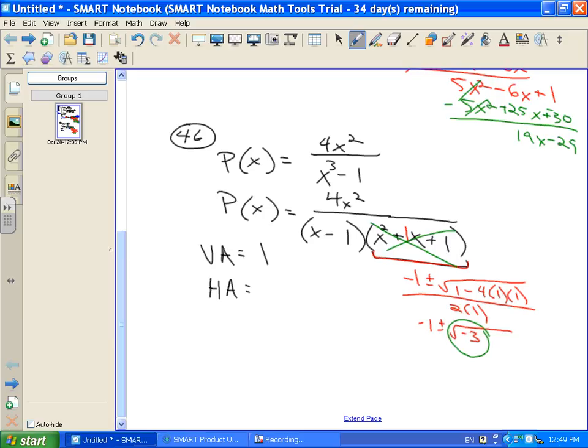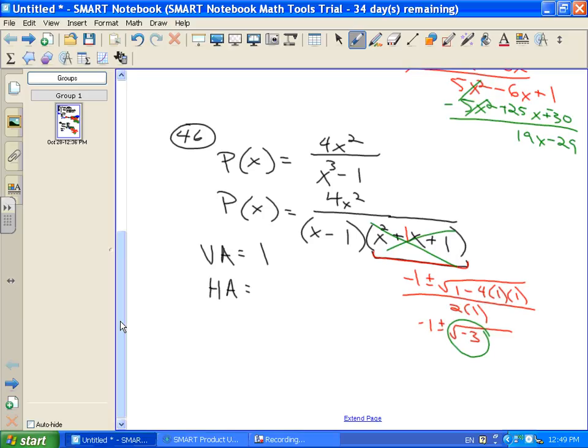Okay, we can't find it. We will reason our way through it. So what happens as I plug in larger and larger numbers here? This one's going to get enormous because I'm cubing it.